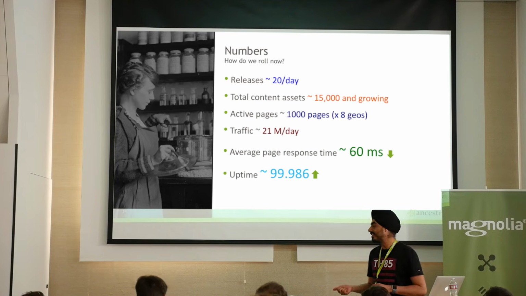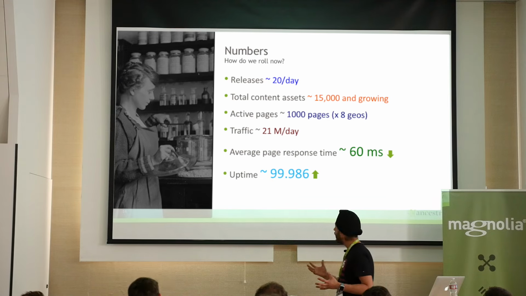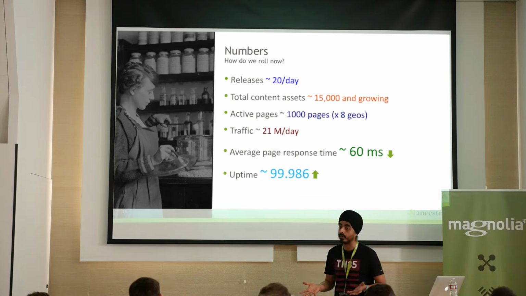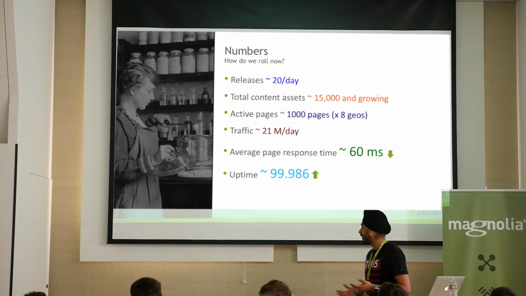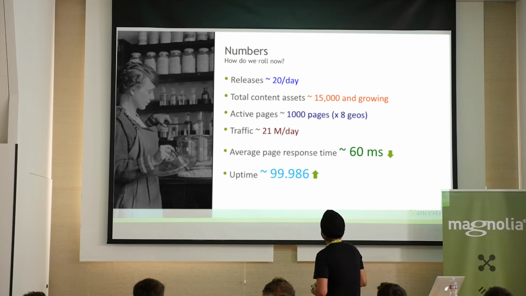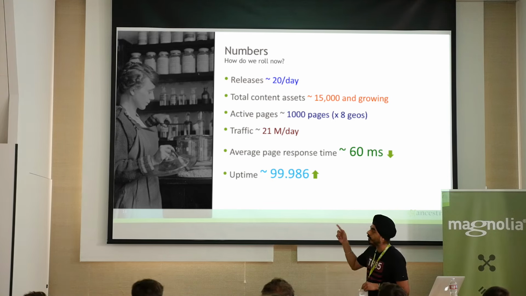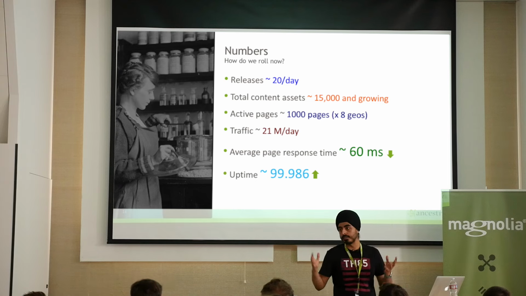The total number of active pages that we are rendering out of our entire ecosystem is about 1,000. And again, these are active pages. There are other pages that have been archived and they're just sitting there, right? And we localize across 8 or 9 geos. We don't localize all the pages, but this is just to give some context as to how much data we're actually dealing with.